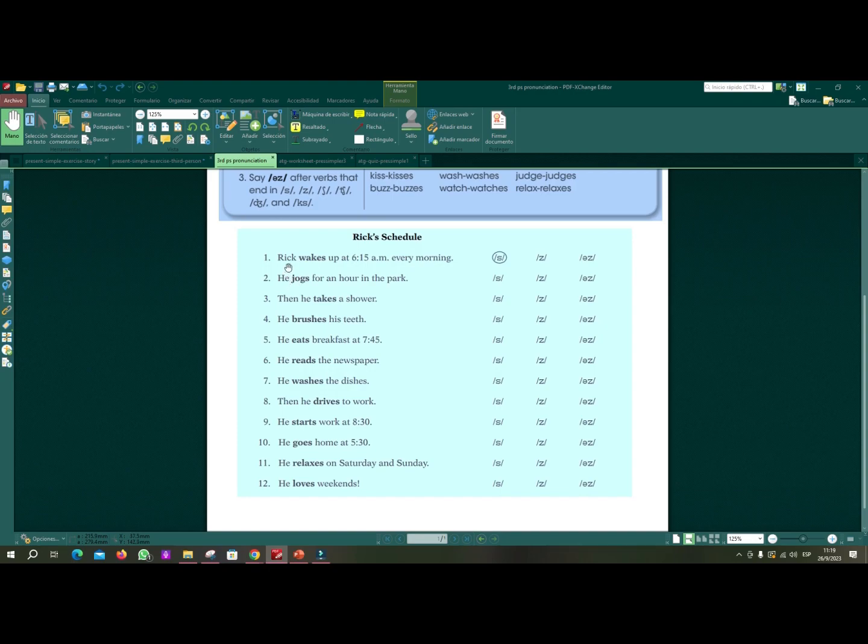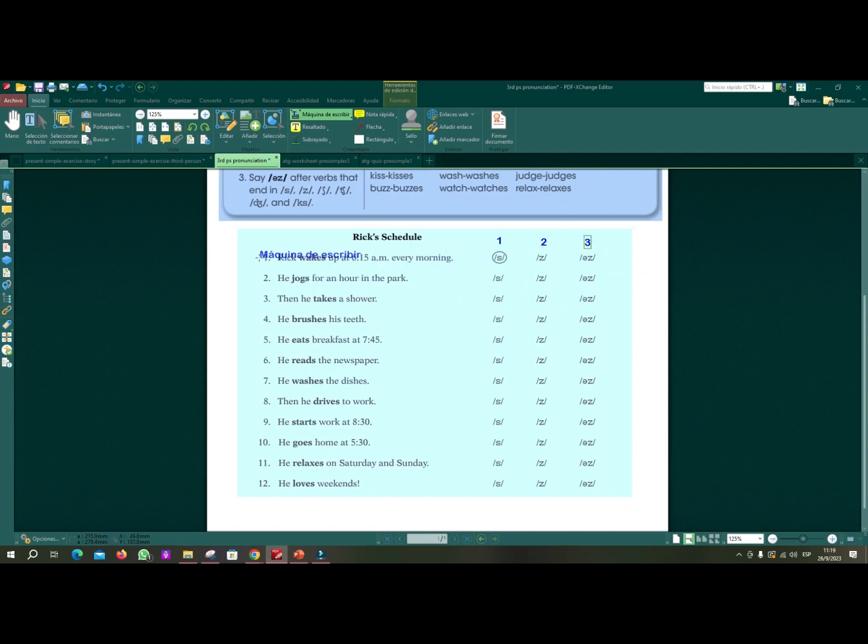So, Rick wakes up at 6:15 a.m. every morning. So, the correct pronunciation is the S sound, right? So, you're going to choose the first one. I will write it here, the number 1, the second one, and the number 3 or the third one, right?